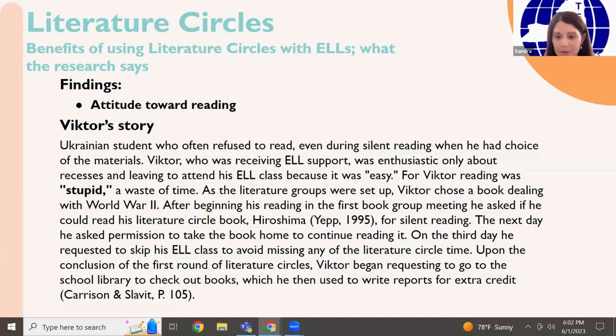So after we're done with reading Victor's story, if we can please type in the chat any inferences as to why the student became more engaged.